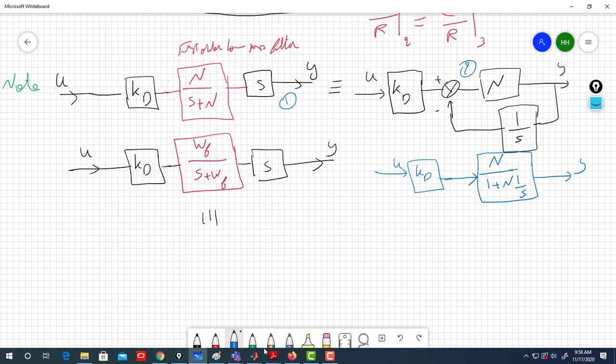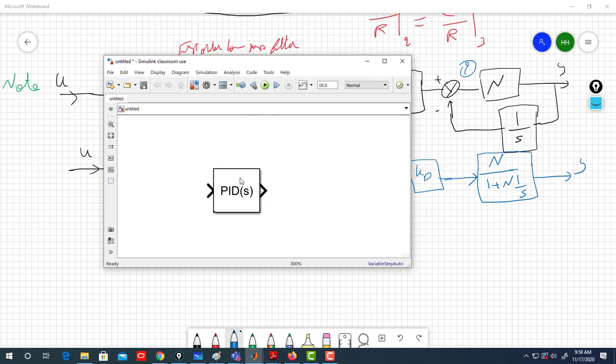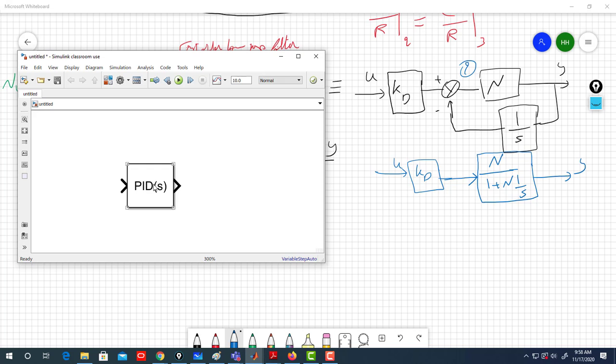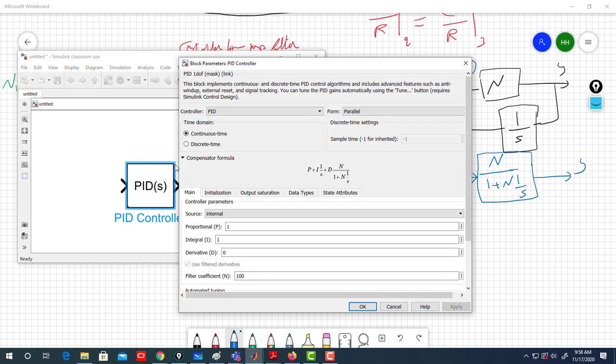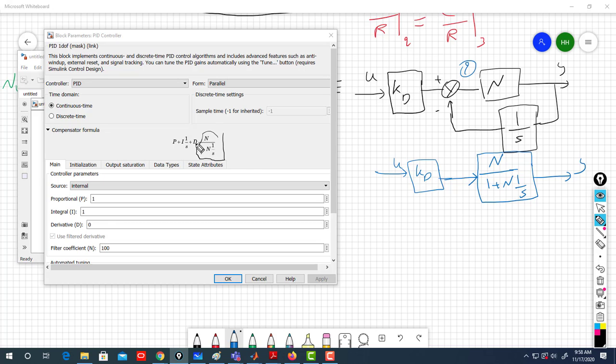So if you go to your MATLAB, this reminds me of the block diagram in MATLAB. If you look at your MATLAB and see how MATLAB is doing it, look at their function. Can you see it? It's N over 1 plus N times 1 over s, times D or Kd.